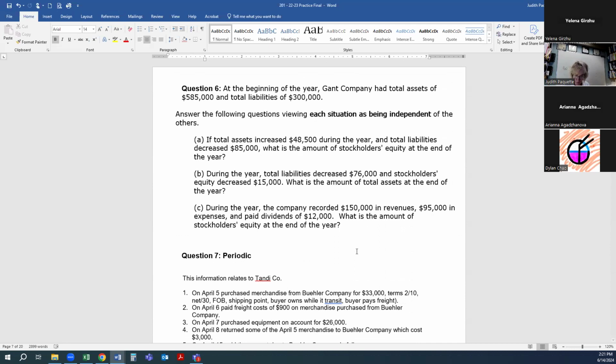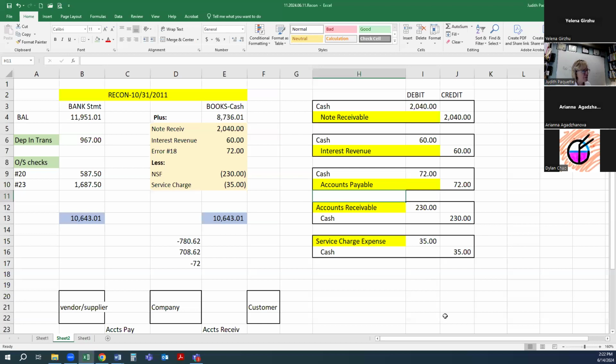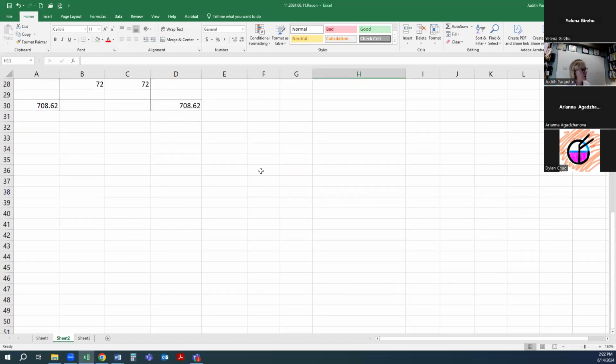I have begged you guys to just make flashcards of all the journal entries. In chapter 3, we had 13 journal entries. In chapter 4, we had 7 sample adjusting journal entries, as well as 4 closing journal entries. In chapter 5, we had 7 perpetual journal entries. In the appendix for chapter 5, we had another 7 journal entries.